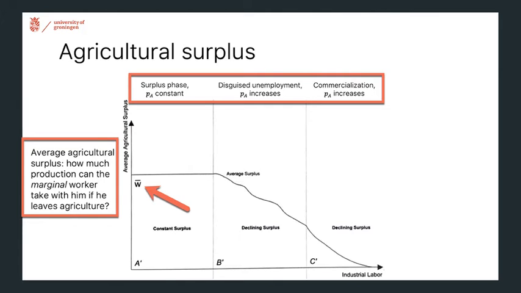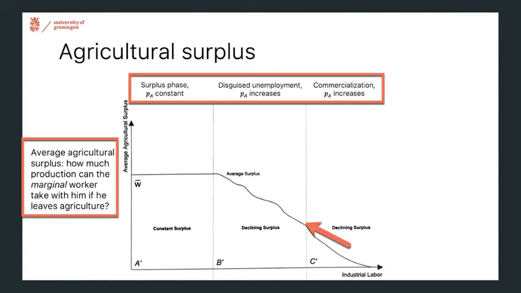Now, this average surplus remains constant in the first phase because every worker has the same marginal product of zero, so the same average product. Agricultural production remains the same, so every worker can take this W bar with them. As they leave, there's no effect on agricultural production.